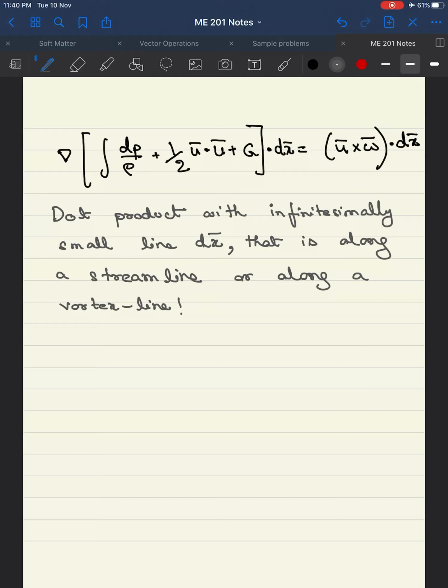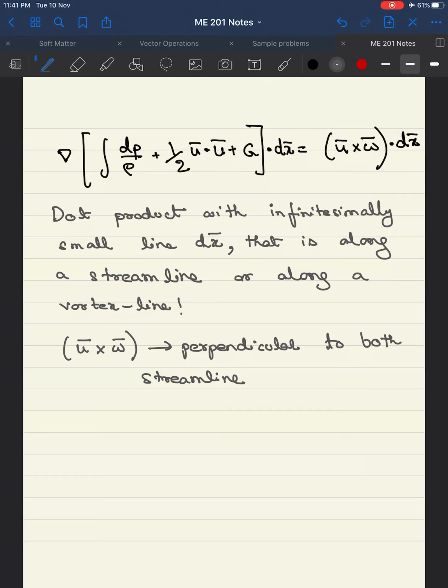Okay. Now this vector u cross omega is going to be perpendicular to both the streamline and the vortex line, because it's a cross product.